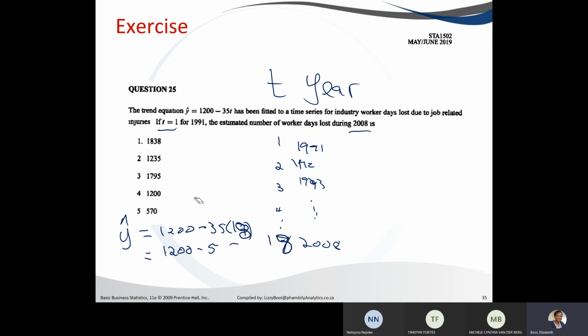Oh, thank you very much. 1,200 minus 630 gives us 570. And that is option number 5. There we go. And that is for the linear trend one. You will use this to forecast the new value that they will ask you to do.